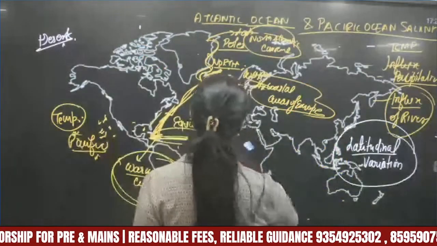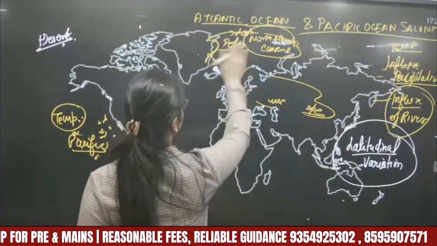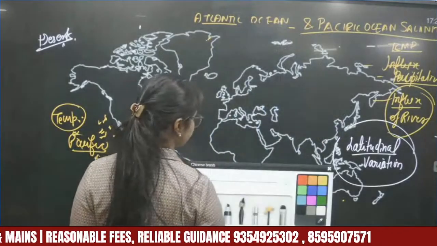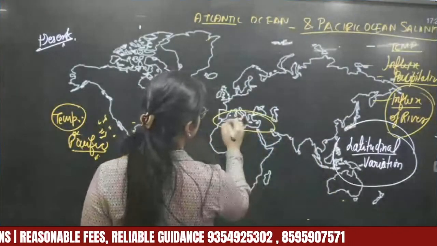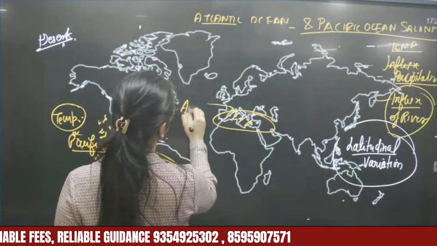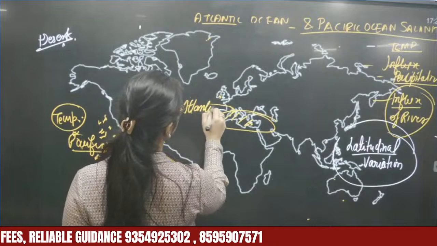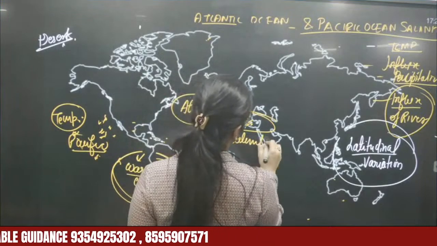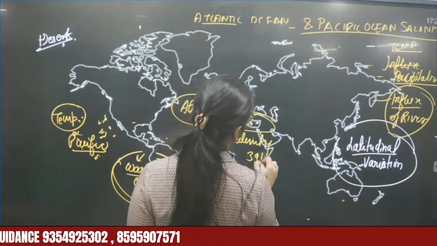Now in the Atlantic Ocean I am taking two cases. I am taking the example of the Mediterranean Sea, which is not having much interaction with the Atlantic Ocean. Therefore the salinity value of the Mediterranean Sea is high, which is 39 ppt, right?